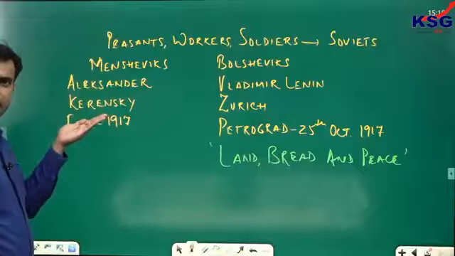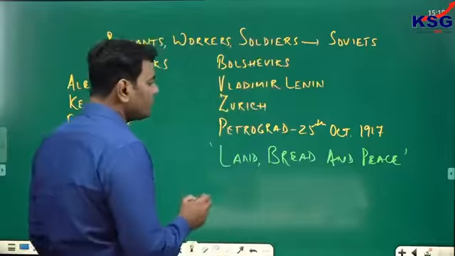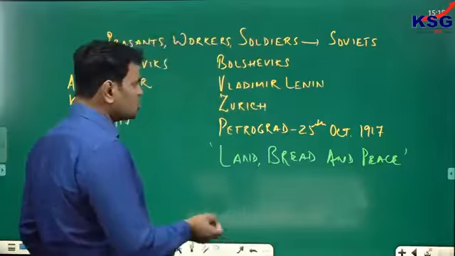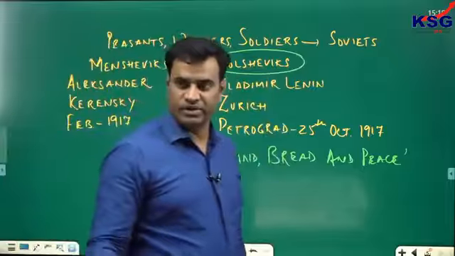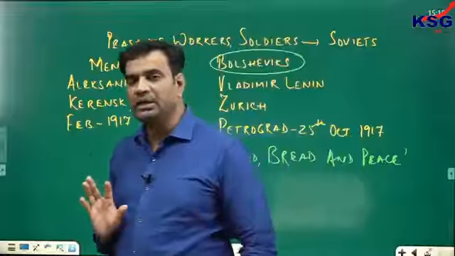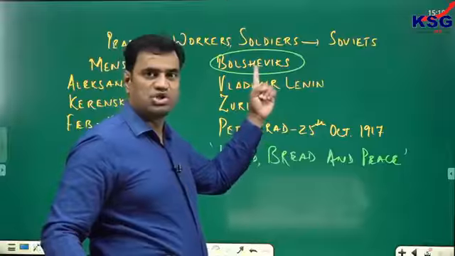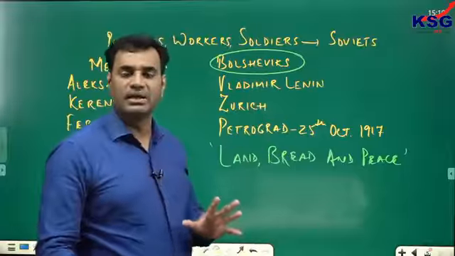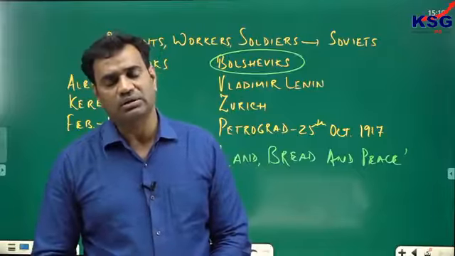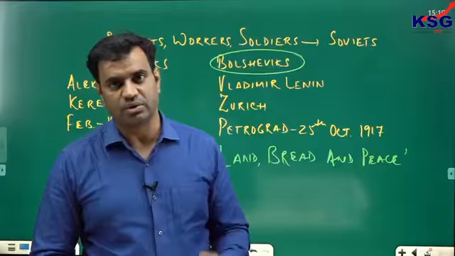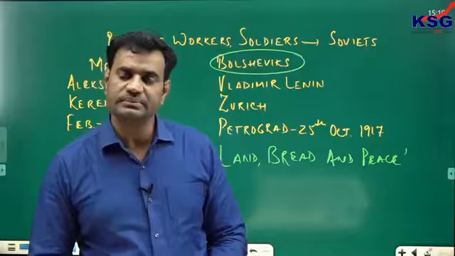Right. This led to the third phase. The second phase was led by Mensheviks. This led to the third phase of the Russian Revolution, popularly known as the October Revolution or the Bolshevik Revolution, led by Bolsheviks to differentiate from Mensheviks. Okay?